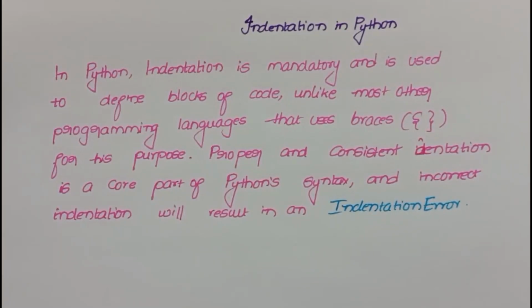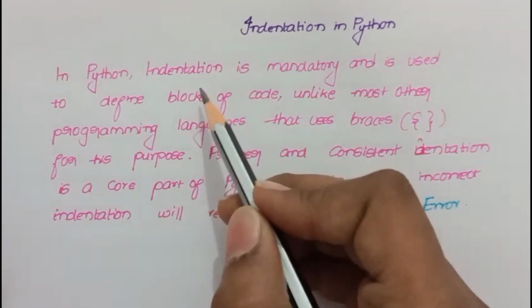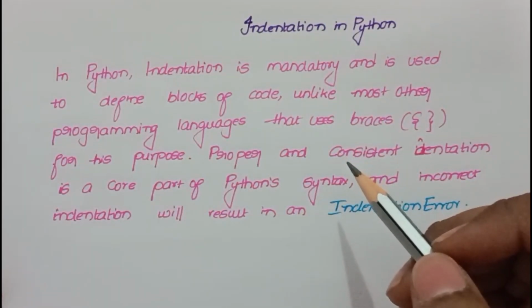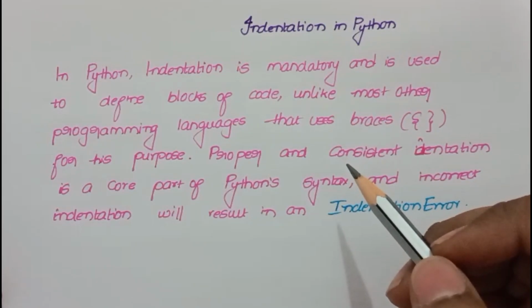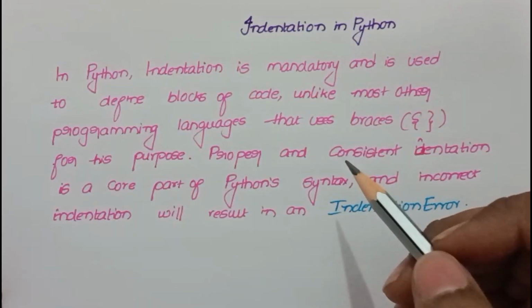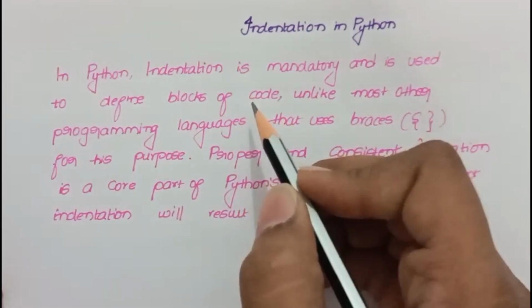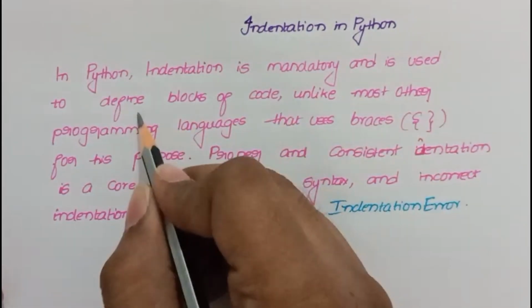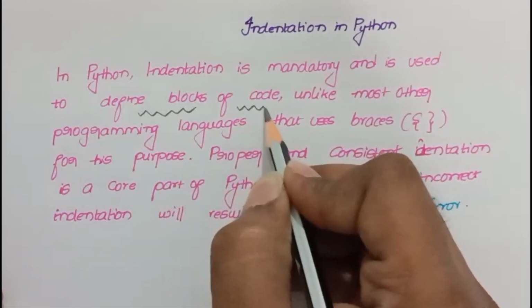In this video, we are going to learn about indentation in Python. Indentation refers to the spaces or tabs used at the beginning of a line of code. In Python, indentation is mandatory because it is used to define blocks of code.